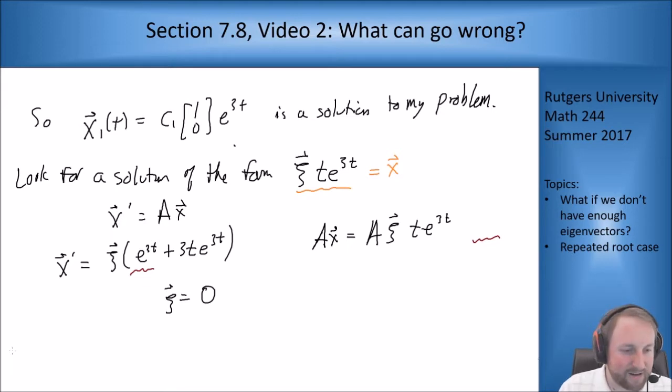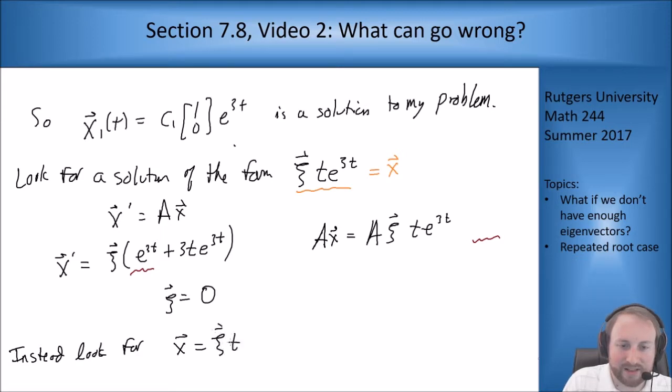So instead, we're going to be a little more general, and we're going to add in an e to the 3t term, because maybe that'll cancel out this e to the 3t that we get from taking the derivative of t e to the 3t. So instead, look for x to be c times t e to the 3t plus eta e to the 3t.